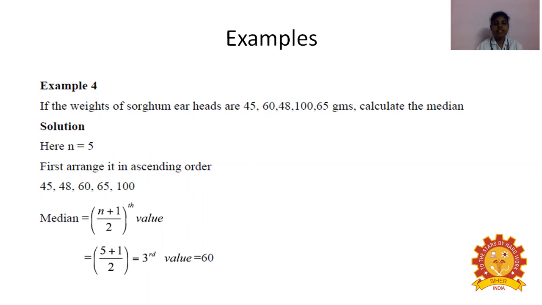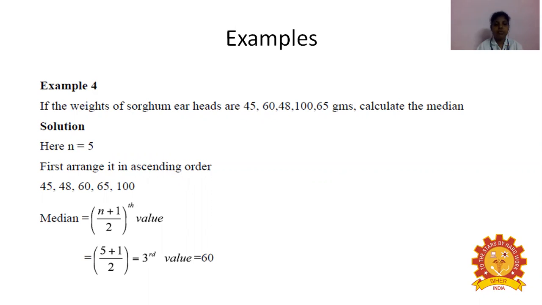First, arrange it in ascending order: 45, 48, 60, 65, 100. Next, our aim is to find the median for this given problem. Median formula is median equals (n plus 1) by 2 value.